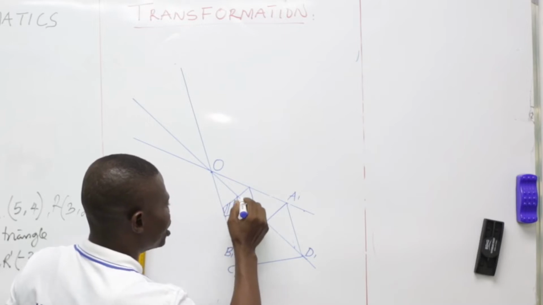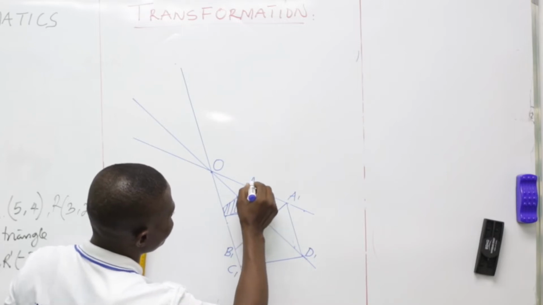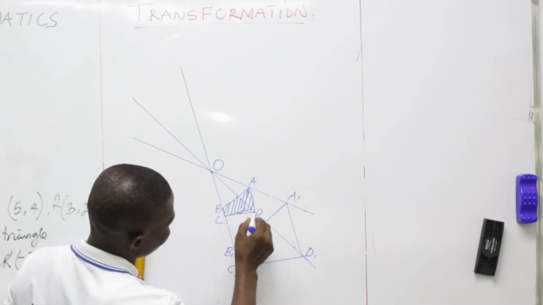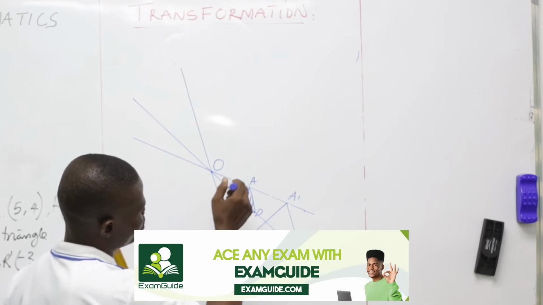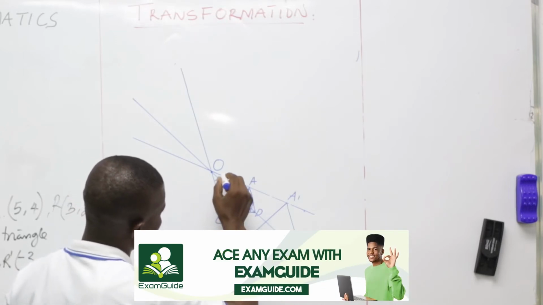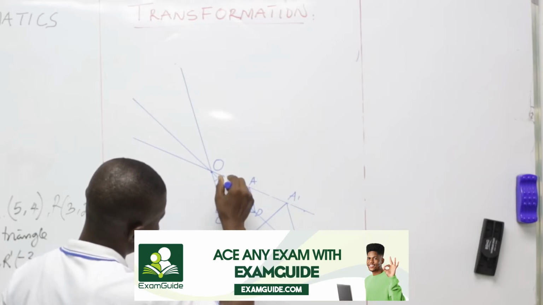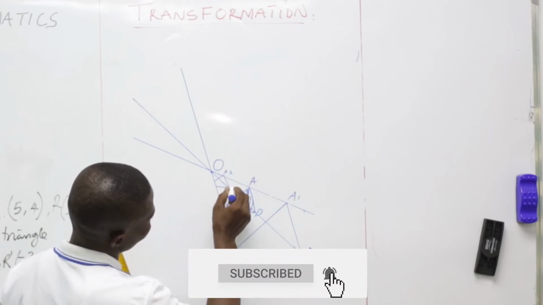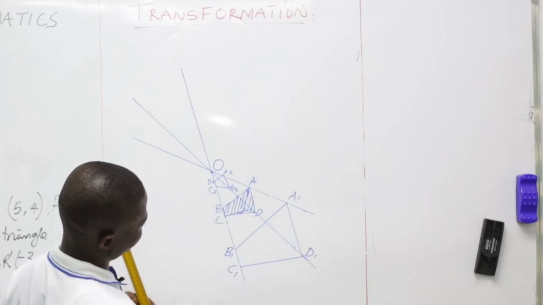Now let us get an object. Let's paint the object. Call it A, B, C, D. Then another one of it, a smaller one: A2, B2, C2, D2.